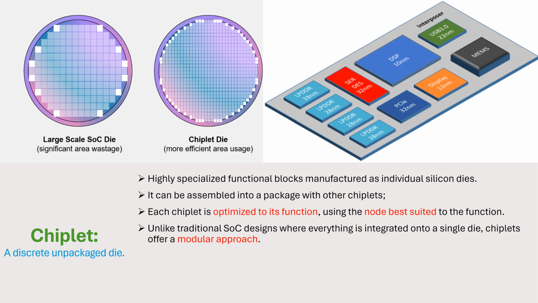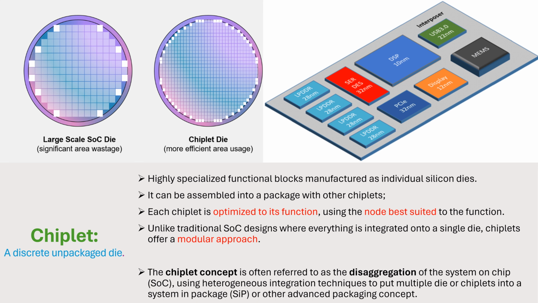Unlike traditional SoC designs where everything is integrated under a single die, chiplets offer a modular approach. We can refer to the chiplet concept as disaggregation. Earlier, we tried to aggregate multiple components onto the chip.